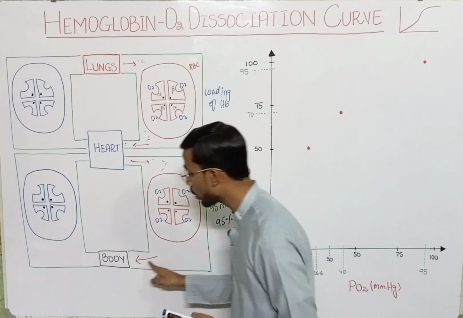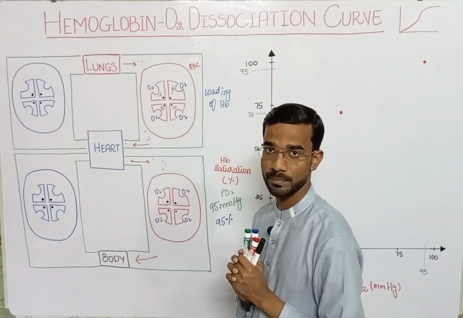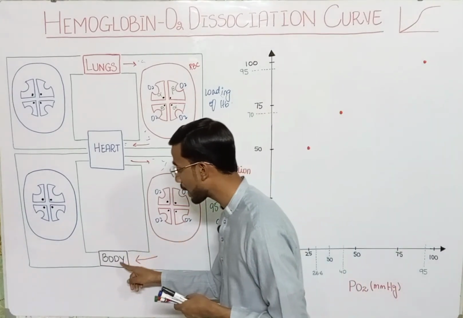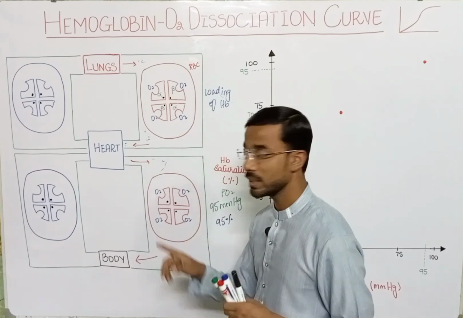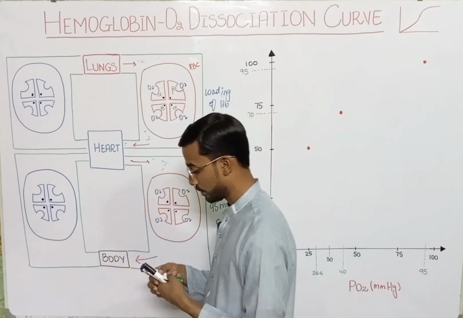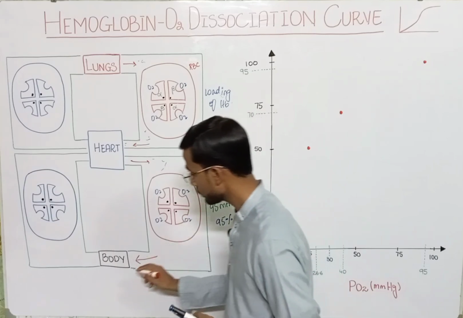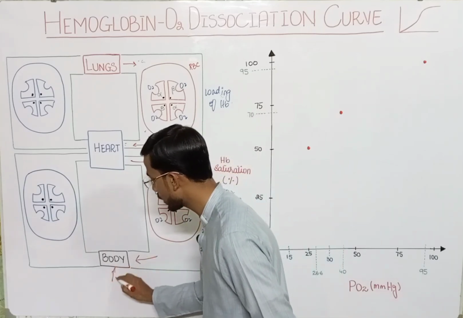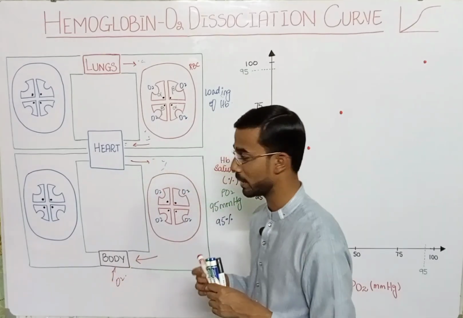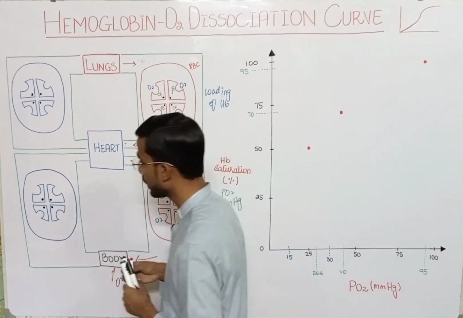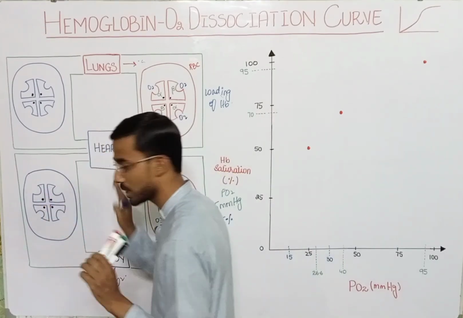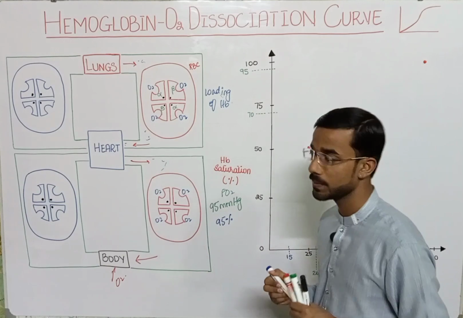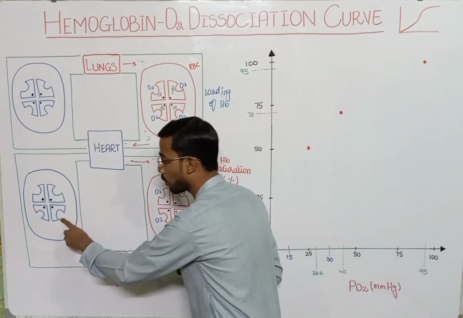Now when the oxygen is supplied to the body, what will happen? After the oxygen is supplied to the body by the hemoglobin, there is no oxygen left in the hemoglobin.